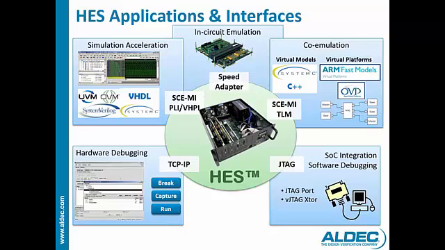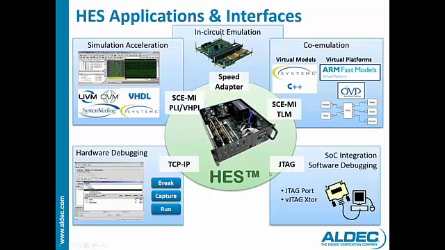And due to the difference in speed, the emulator being slower than the real device, we need speed adapters to actually connect to the real device. When the emulation is run, the environments need to be able to debug hardware, so interfaces are provided via TCP/IP. The application is run on the host, and you can use TCP/IP to connect to the emulator.